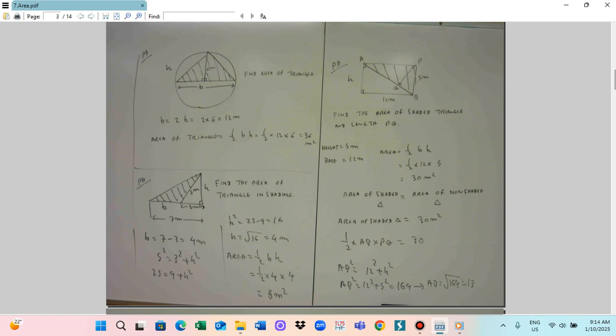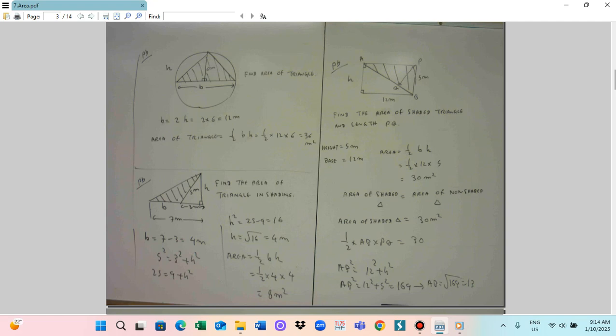We also need to calculate the area of the shaded triangle. To calculate the area, we need to know the height and the base. The base is B, and the height is h. Base you can calculate as 7 meters minus 3 meters, so 4 meters. h you cannot know directly, but this is a right angle triangle: 5 square is equal to 3 square plus h square.